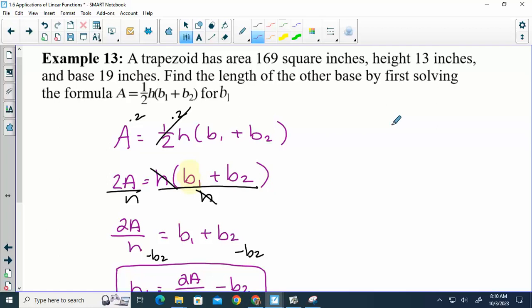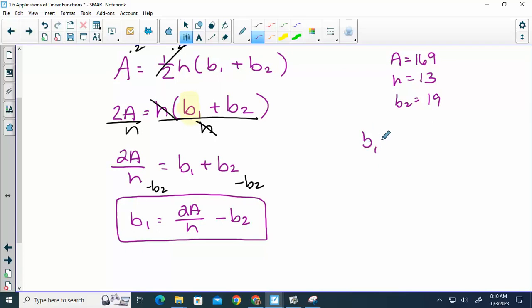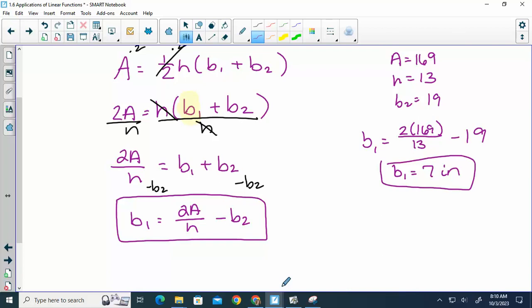We knew that the area was 169, the height was 13, and my other base was 19. So now we're just going to plug this stuff into our formula. So 2 times 169 divided by 13 minus 19. Double checking, I think we get 7 inches.